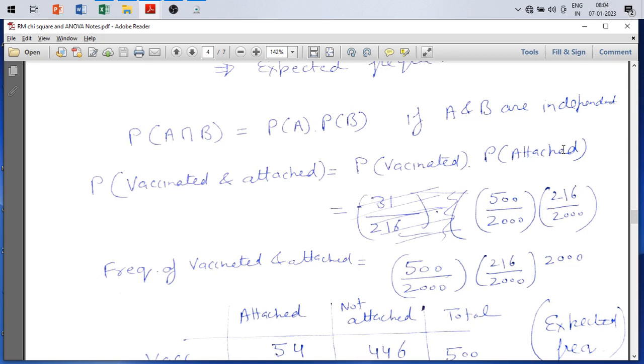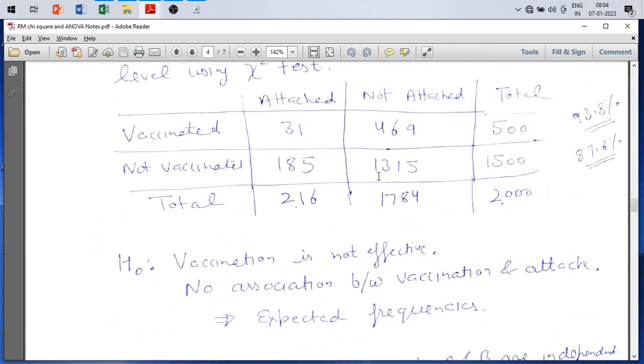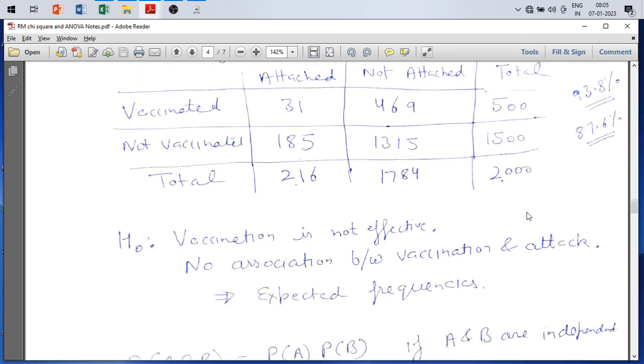And probability of vaccinated will be, you see, 500 people were vaccinated out of a total of 2000. So 500 divided by 2000, that is the probability for vaccinated. And probability for attacked will be 216 were attacked out of 2000. So 216 divided by 2000.